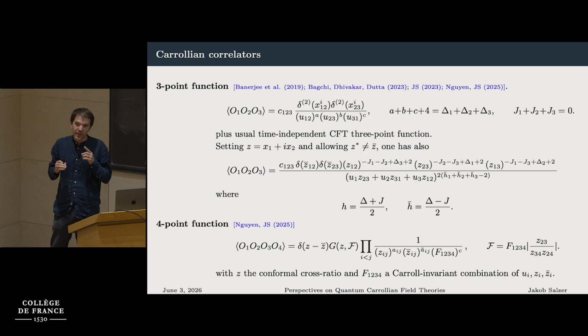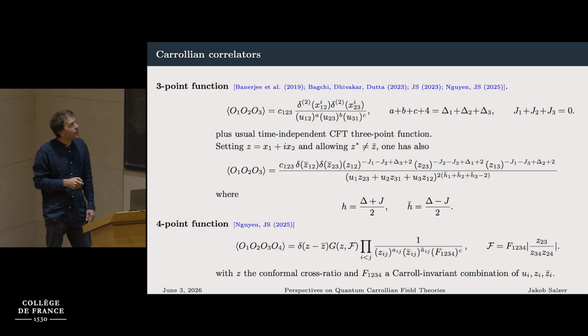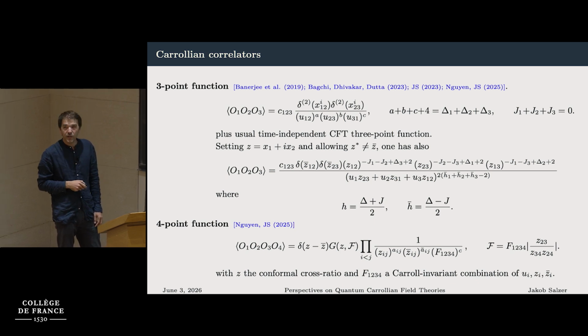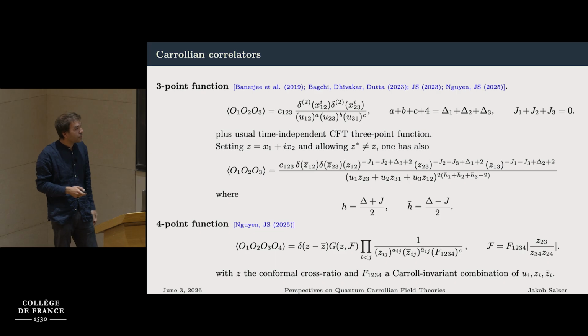But in the case where, so we're talking about 3-dimensional scri, the base space is 2-dimensional, we can do something more. Namely, we can introduce complex coordinates on the base space, z and z bar, but allow them not to be conjugate to each other. So we basically complexify our space-time.